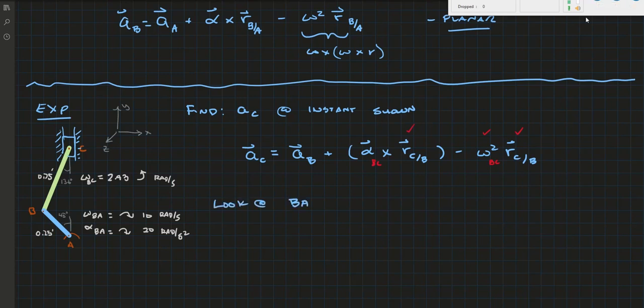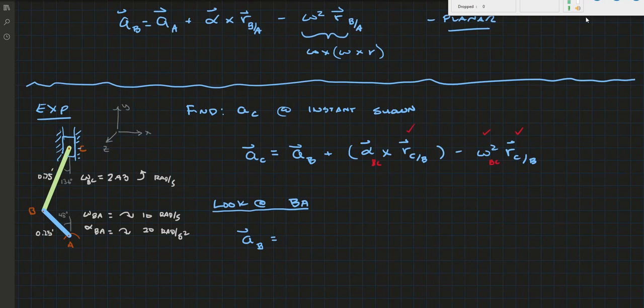We have a lot of information associated with BA here. Let's look at BA and see what we can do. It's just rotation about an actual fixed point, fixed to the reference frame. So we could do an acceleration of B down here equals minus 20k. Well, let's write out the formula first.